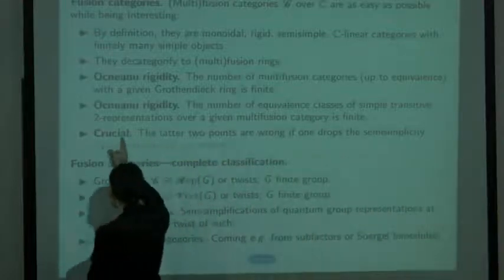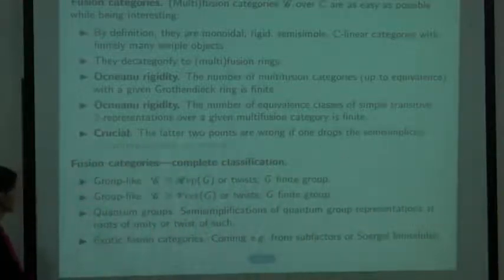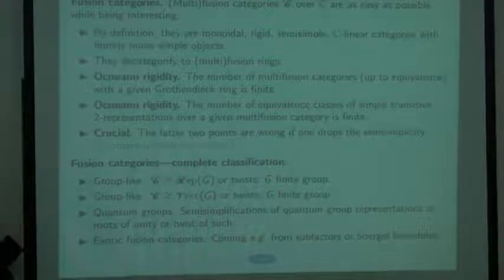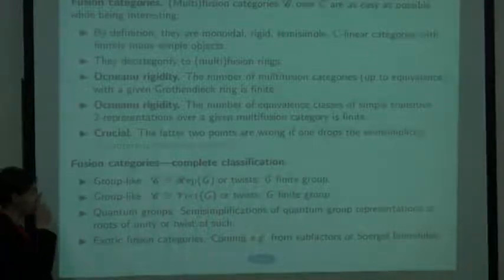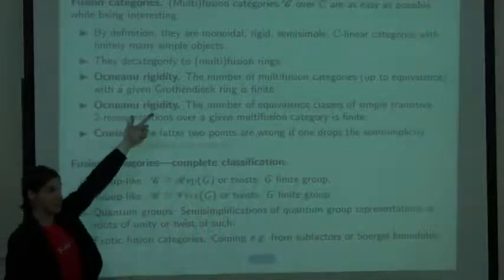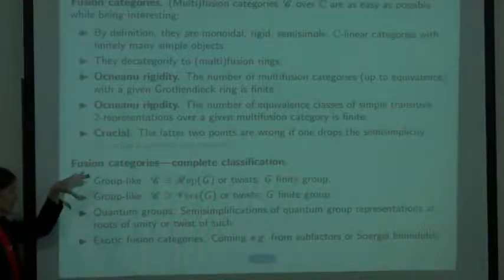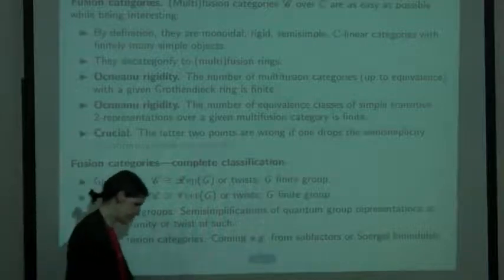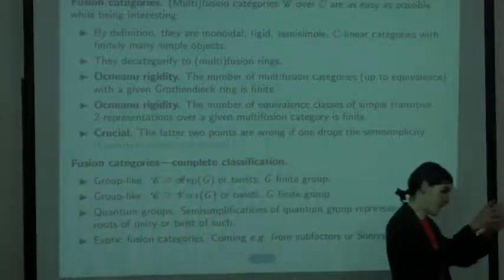There's a very, very tiny example. It's just a 4-dimensional algebra. It's called the Taft algebra. And if you take its module category, it will satisfy everything you will see later, except that it's semi-simple. And indeed, this very, very small module category has just four indecomposable objects.